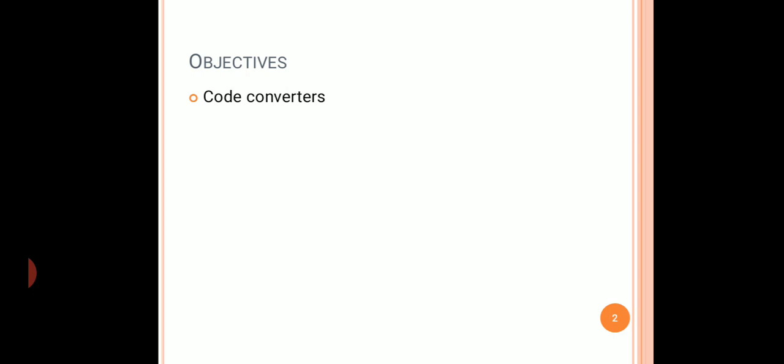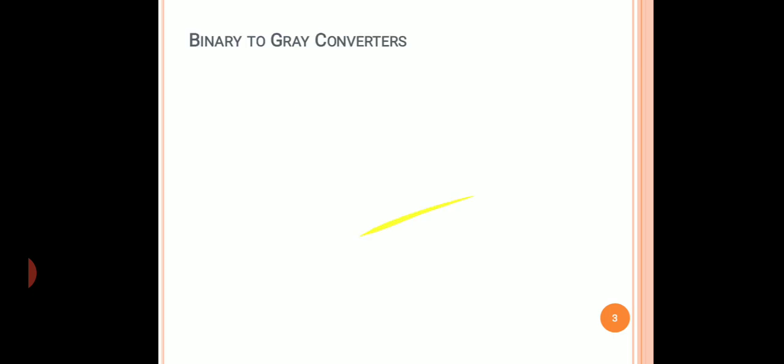As we know, a combinational circuit is a circuit whose output depends on the present inputs, and no memory element is required. So the first converter we will talk about is the binary to gray code converter. Basically, a code converter is a device which converts codes from one code to another code.